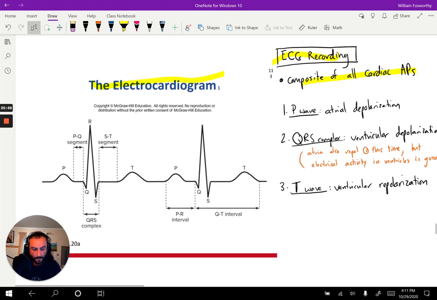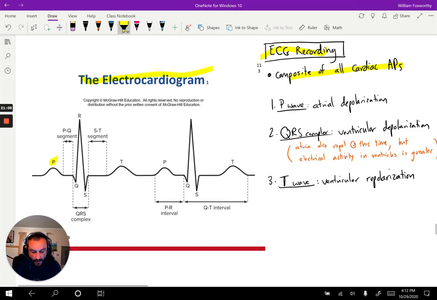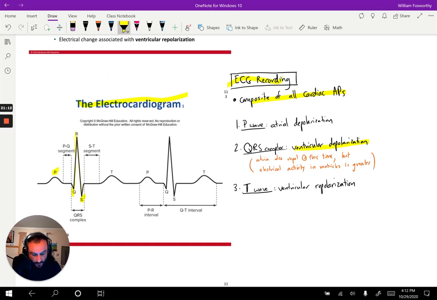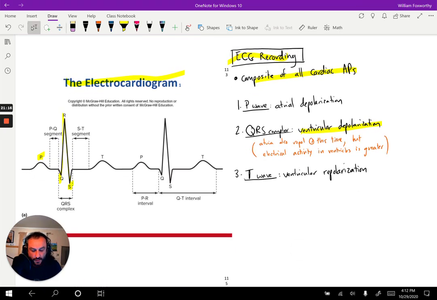Anyway, this first wave here, the P wave, reflects atrial depolarization. Then the QRS complex reflects ventricular depolarization. During that same time, during the QRS complex, the atria are also repolarizing.